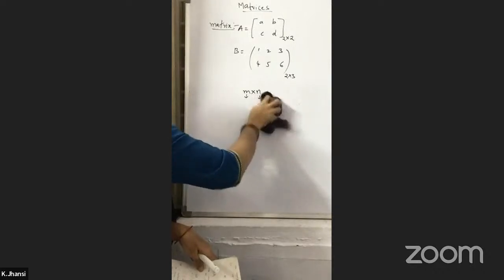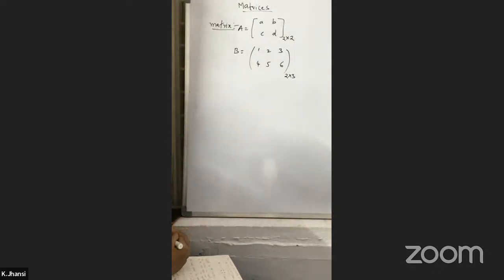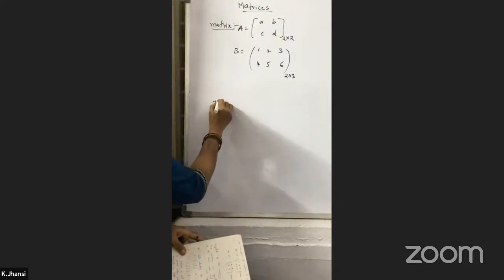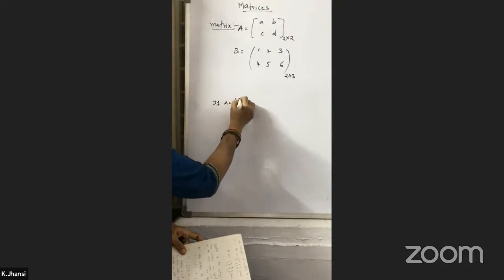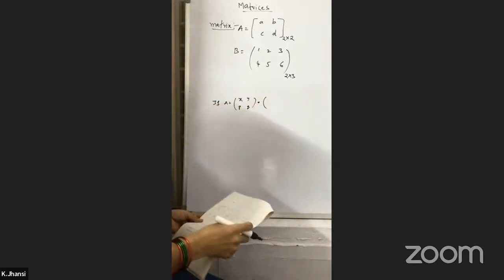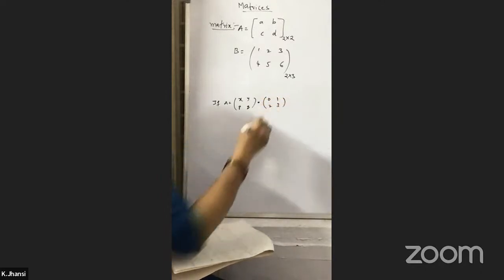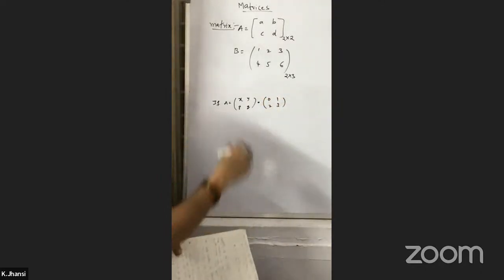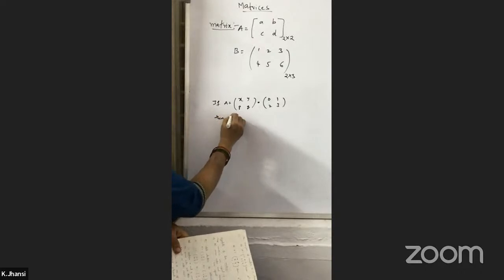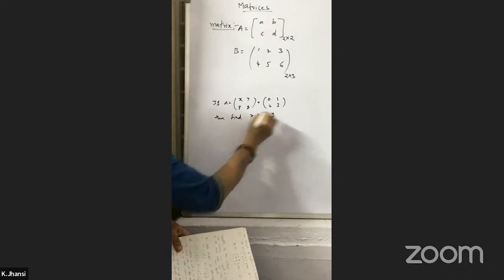Just for your understanding, I am telling this one, it is in the example you have. If A equals XY PQ, it equals 0, 1, 2, 3, then find X, Y, P, Q.